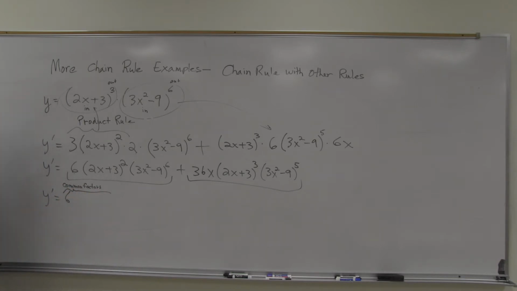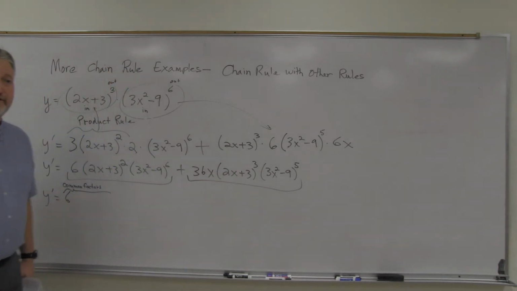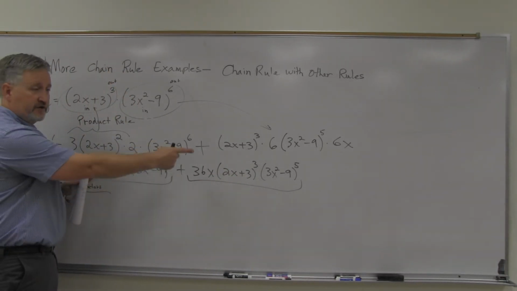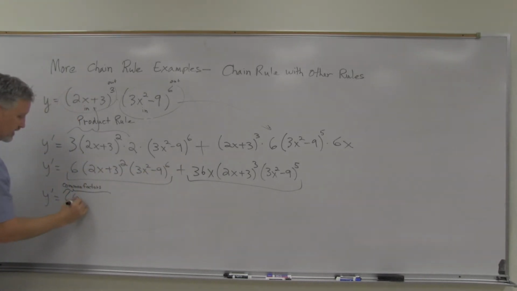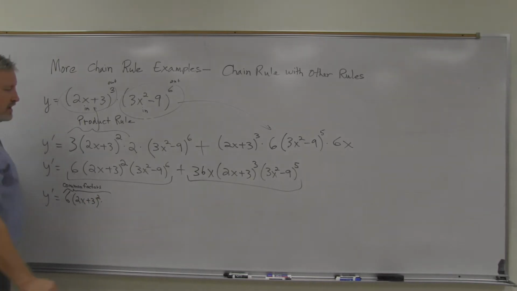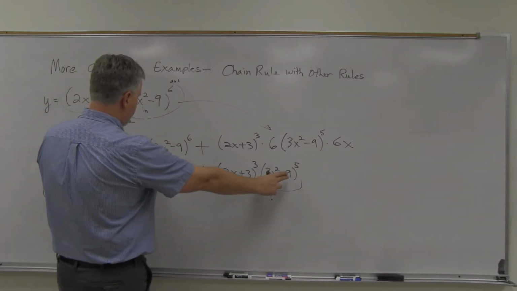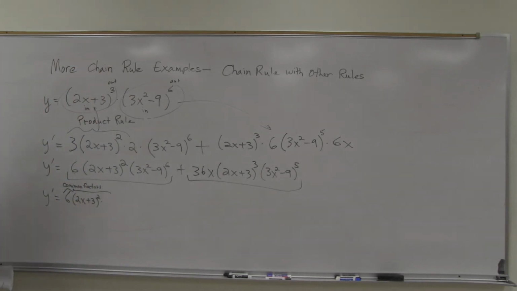What else do I have in common? Well, I got a 2x plus 3 squared, I got a 2x plus 3 cubed. I've got a common factor of 2x plus 3 squared. Both of them have 2x plus 3 squared, so I'm going to pull out that 2x plus 3 squared. And then both of them have 3x squared minus 9. This one's got it to the 6th, that one has it to the 5th. So there's a common factor of 3x squared minus 9 to the 5th.